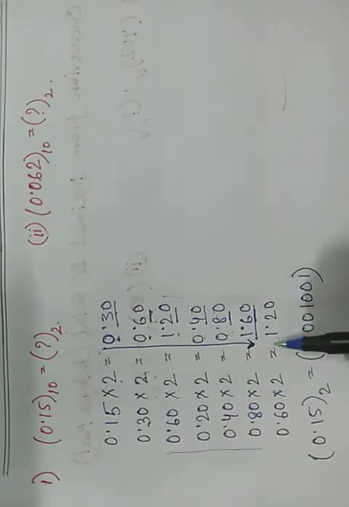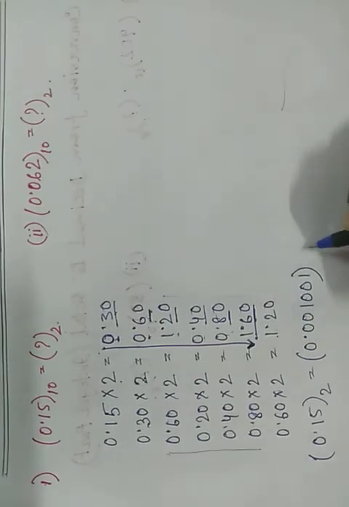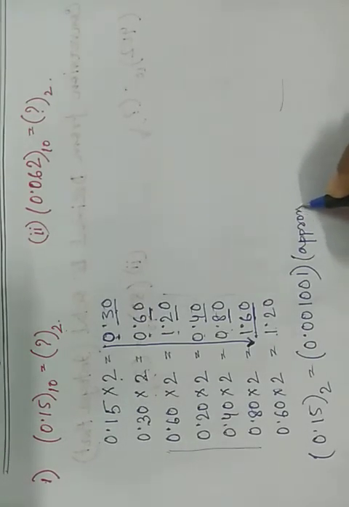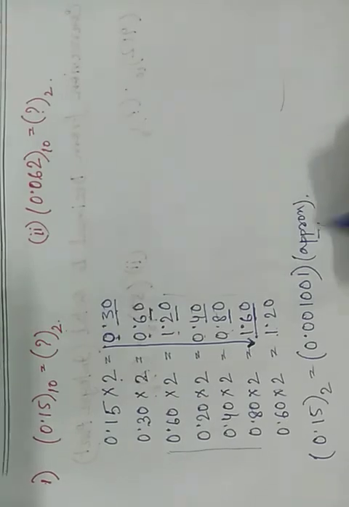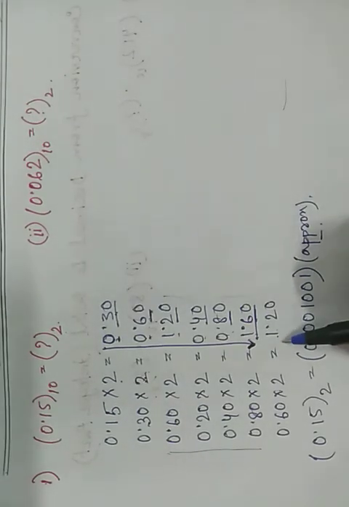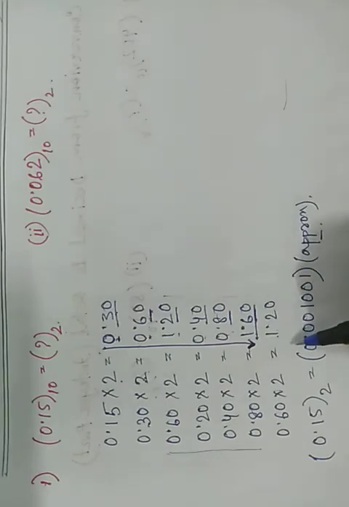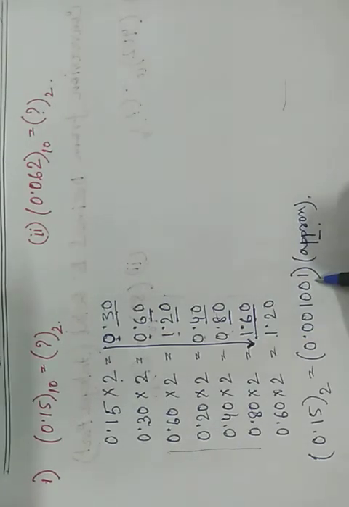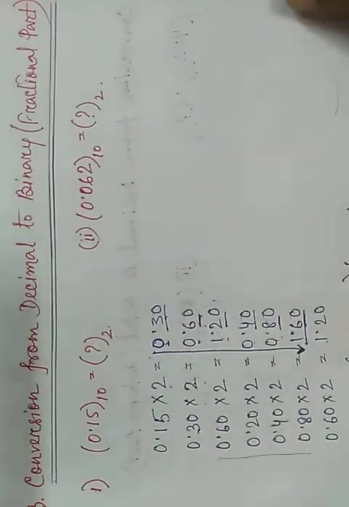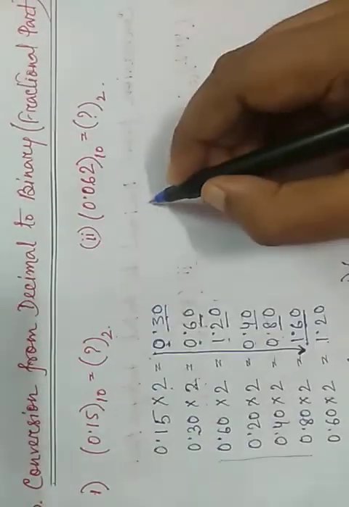As it will be going on and on, we have to write here approx. This is a must, we have to write here approx, because it is not the end of this multiplication, it is an approximate value. Okay, now let us see another example.